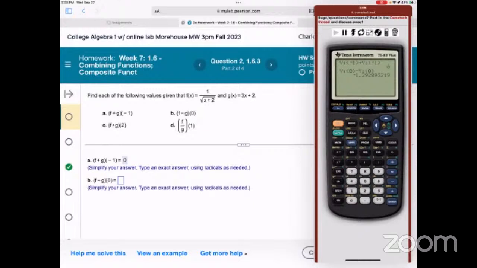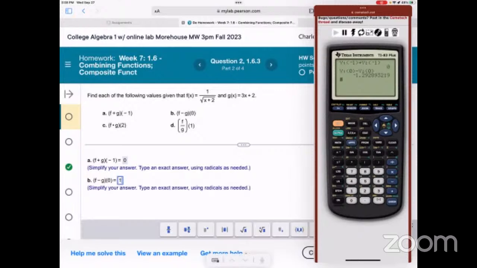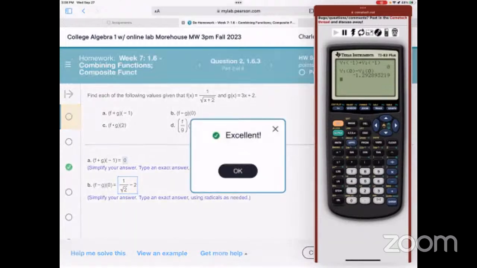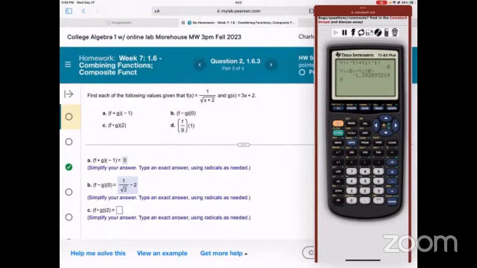Okay. So we have 1 over the square root of 2 minus 2. Can we just leave it like that? Let me see if I can just leave it like this. Okay, that's fine. F times g of 2, so I'm just going to say f of 2 times g of 2.